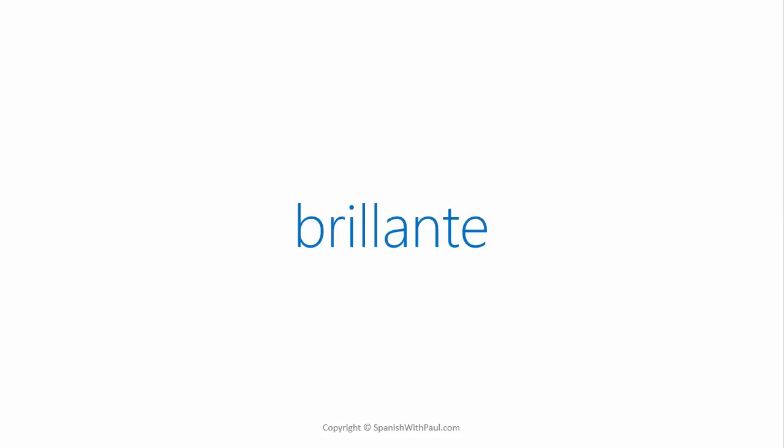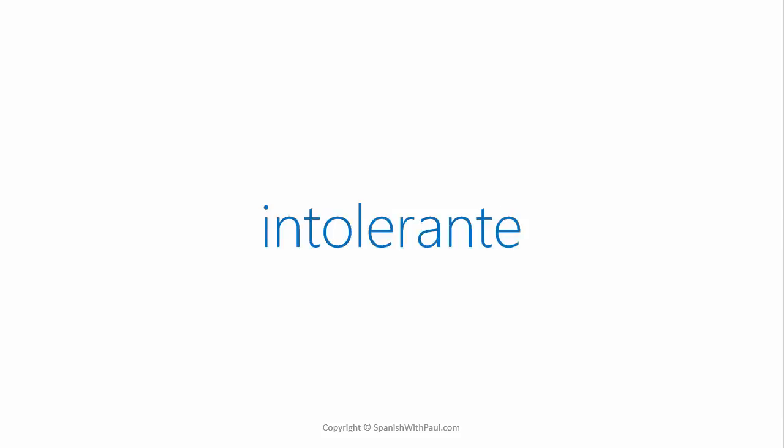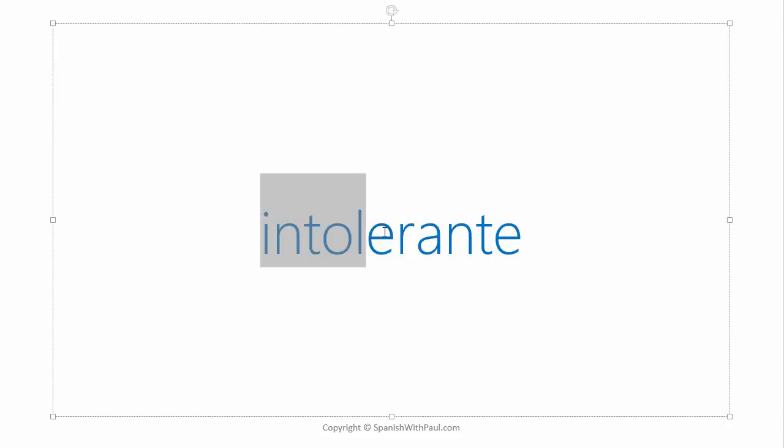Remember in the last lessons, we looked at how this double L in ella had that sound of a Y. So here we have another word where it's a double L, so you treat that as though it were a Y, and the word then becomes in Spanish, brillante. How would you say intolerant? Intolerante.